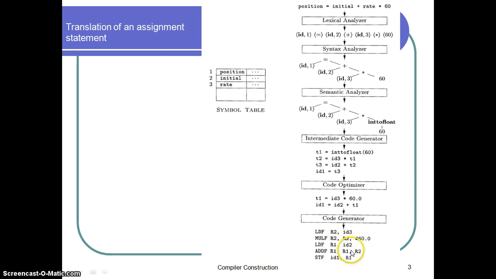Again it loads id2 into the register r1, which then gets added with the help of ADD r1, r1, r2, and after that it is finally stored into id1.